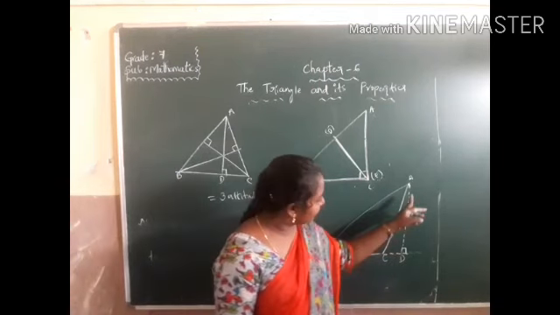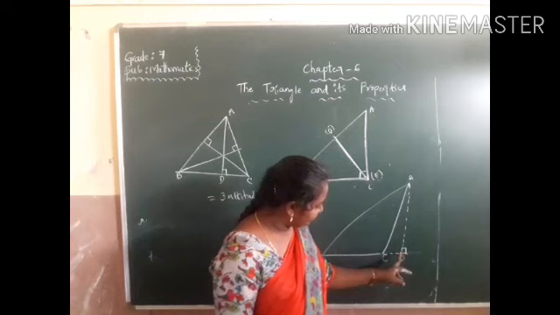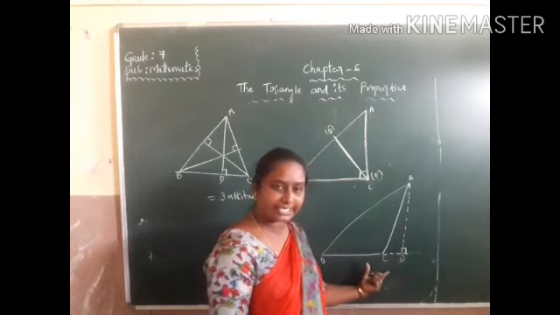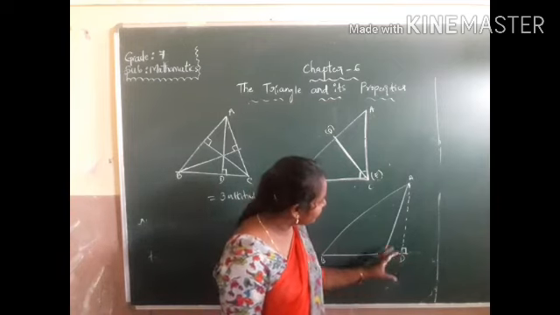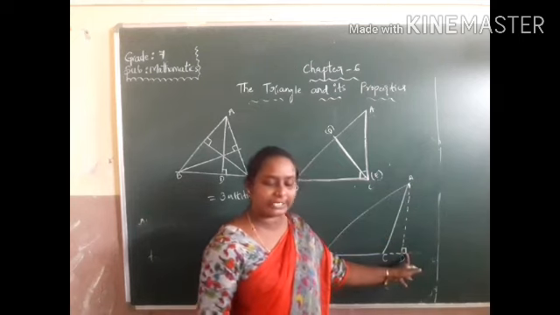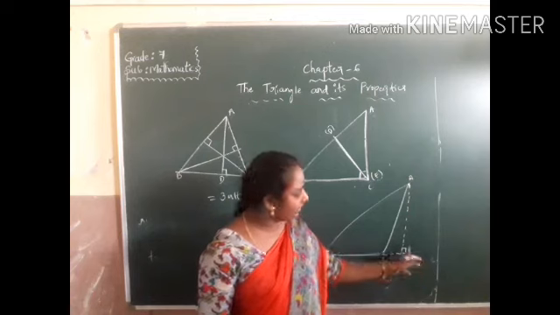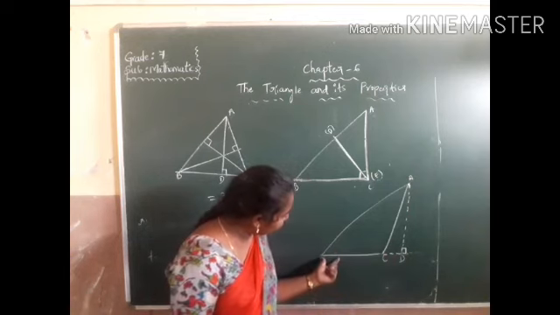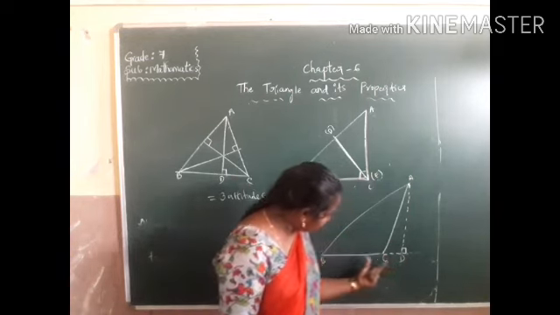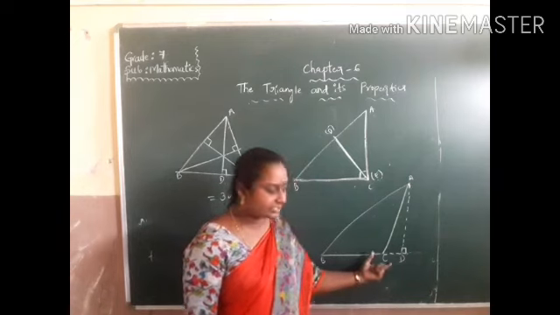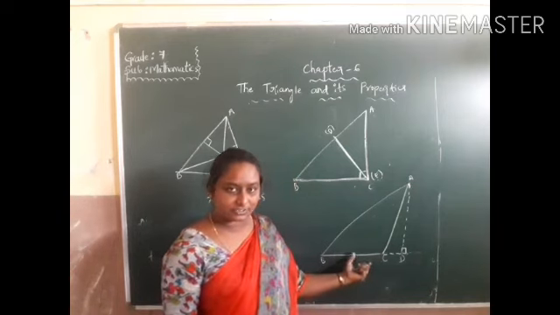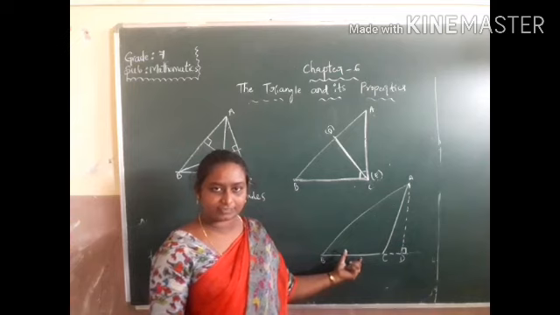AD is the altitude to the opposite side BC. That means this AD lies completely in the exterior of the triangle. Remaining, observe here from B to D. This BD coincides with the BC. So the altitude is itself only.